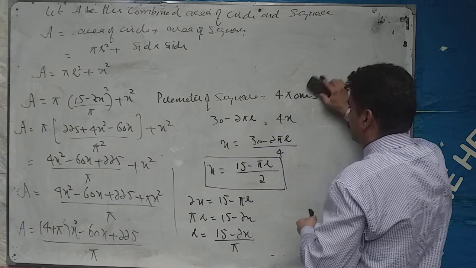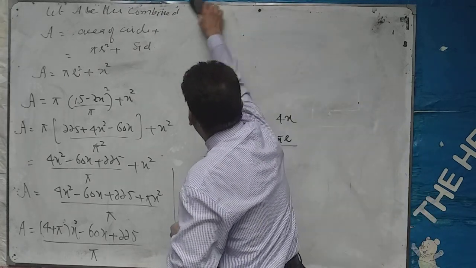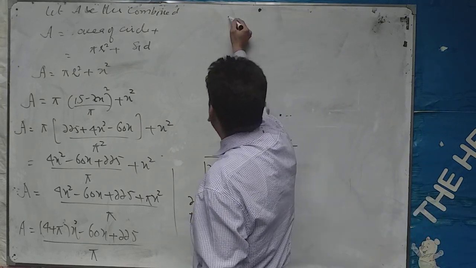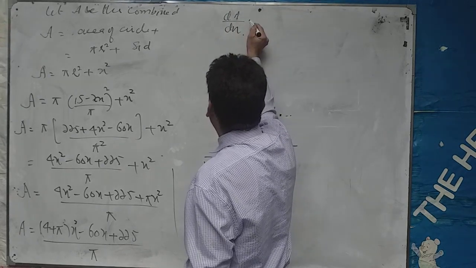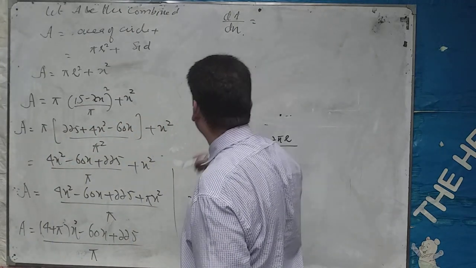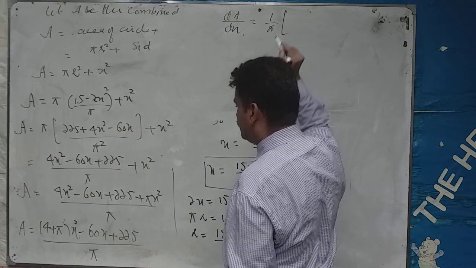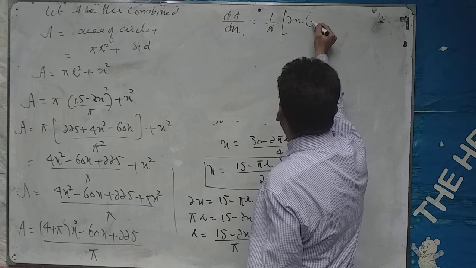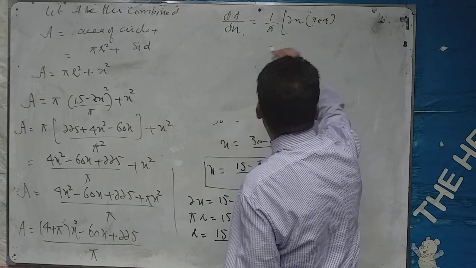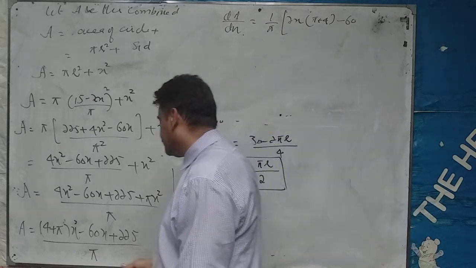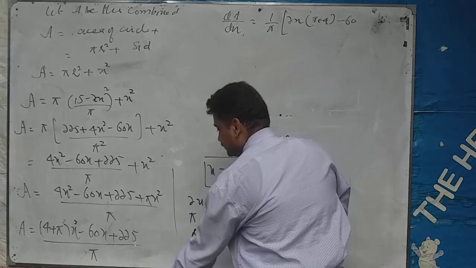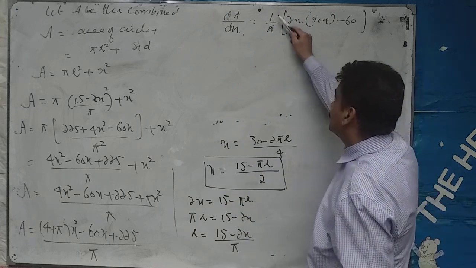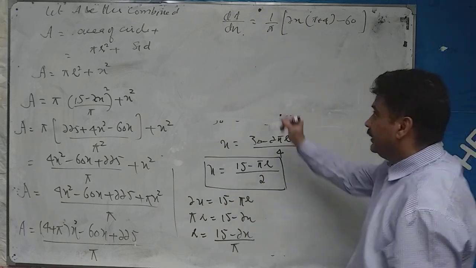We get dA by dx: pi, which is constant, will remain the same, 1 by pi multiply derivative of x square which is 2x, so 2x multiply pi plus 4, minus 60, derivative of x which is 1, and derivative of 225 which is constant, 0, divided by pi.